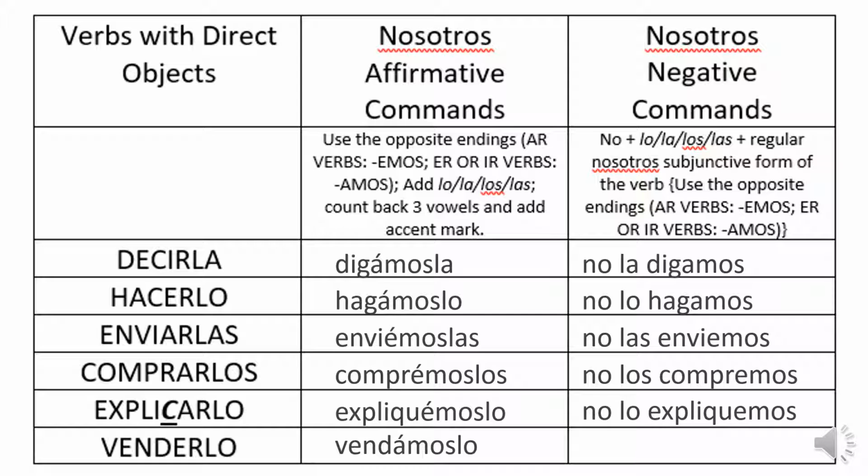No lo expliquemos, let's not explain it. And if you really want to keep that car, instead of vendámoslo, it would be no lo vendamos. So take a minute, write it down, finish up, and then we'll move on to the last table.